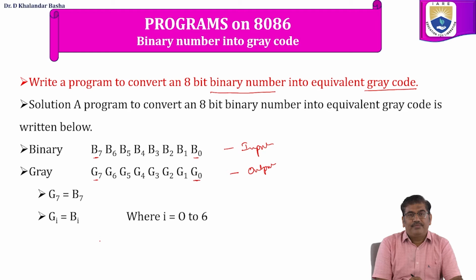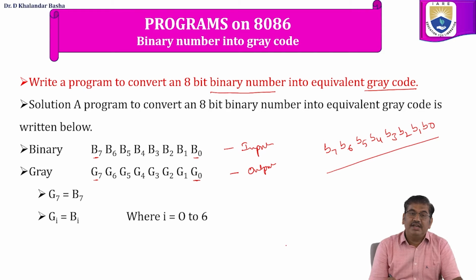So for generating the gray code for the binary number B7, B6, B5, B4, B3, B2, B1, B0, we pass the first MSB bit as it is, that is B7. That will generate G7, which is nothing but B7.